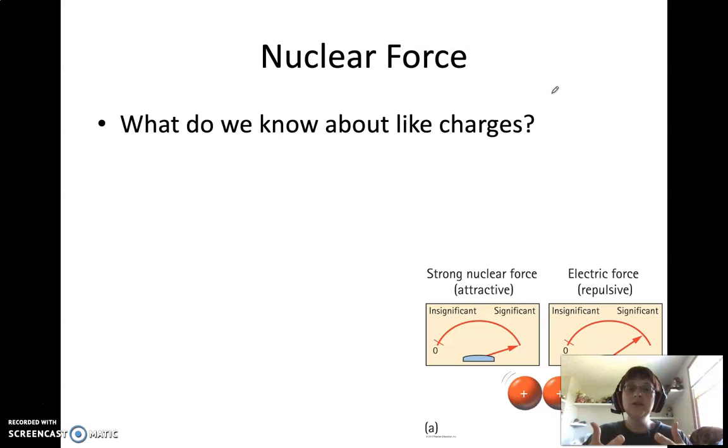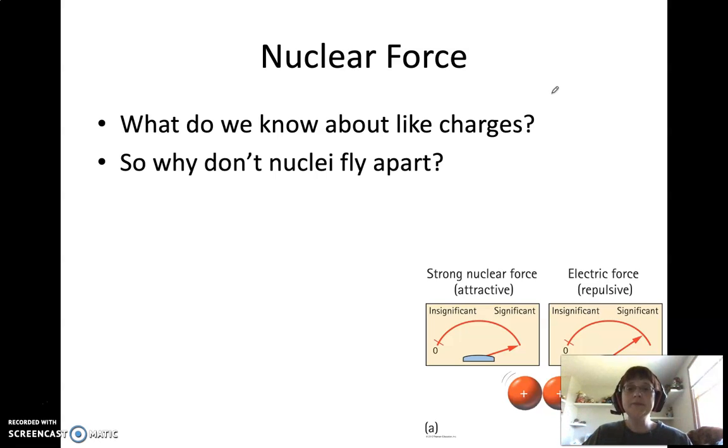You bring 2 negative charges together, they're going to repel. We haven't really talked about this, but think about it. The nucleus is made out of protons, all positive charges. So why don't the nuclei just fly apart? Positive charges should repel each other.